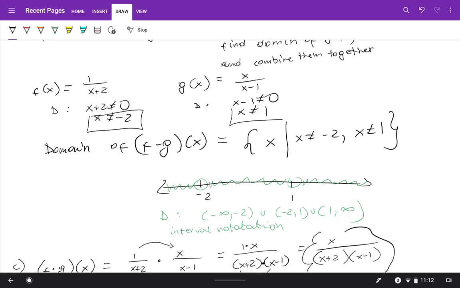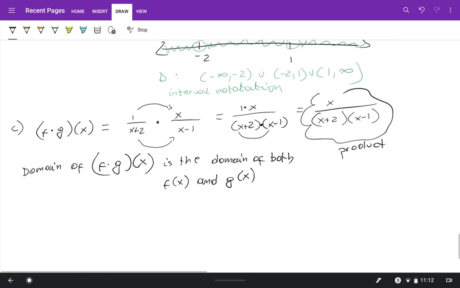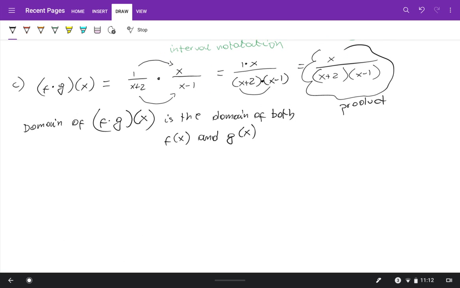The domain of function g is x not equal to 1. So the domain of that product will be the same thing: all the x's such that x cannot be equal to negative 2, x cannot be equal to 1. Okay, so that's the domain.